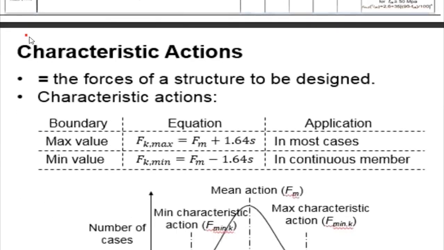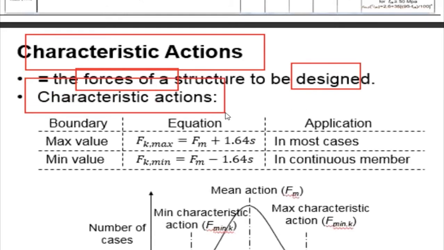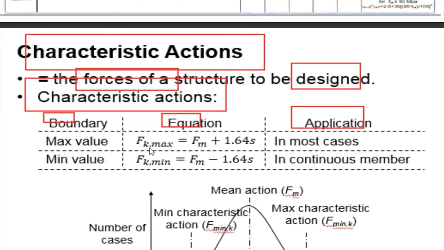Now, the characteristic actions or the characteristic force. The characteristic force or the characteristic actions is the force for which the structure can be designed. Now, the characteristic actions depend on the following: the boundary, the equation, and the applications. Now, the maximum value is just the summation: the mean force plus 1.64 times the standard deviation.